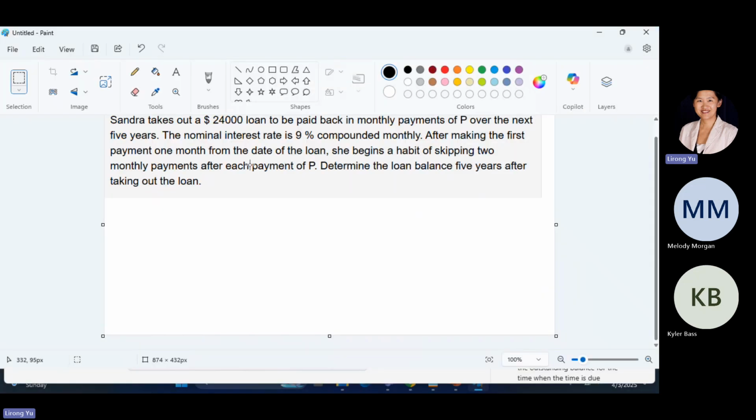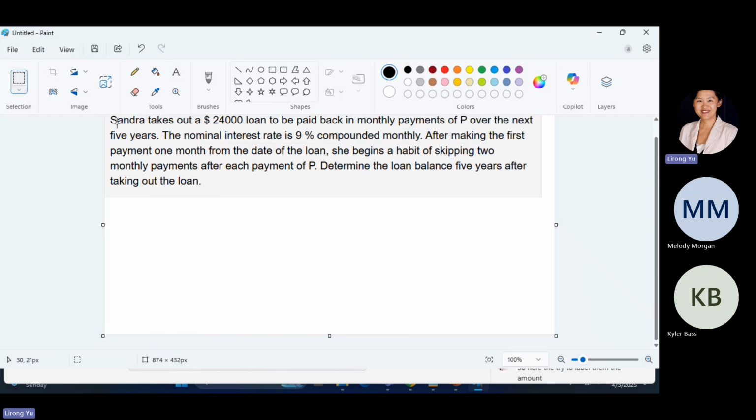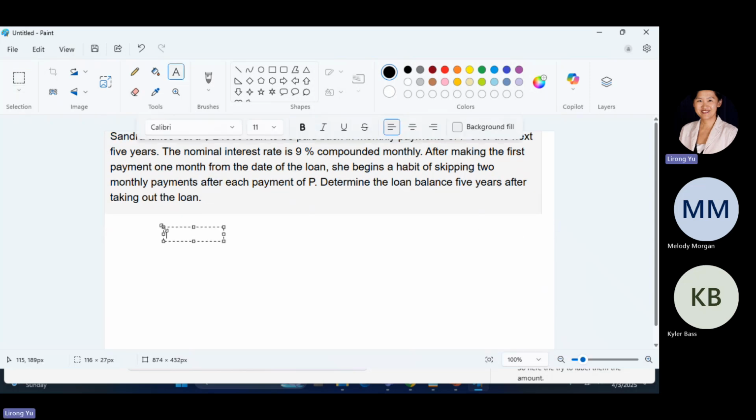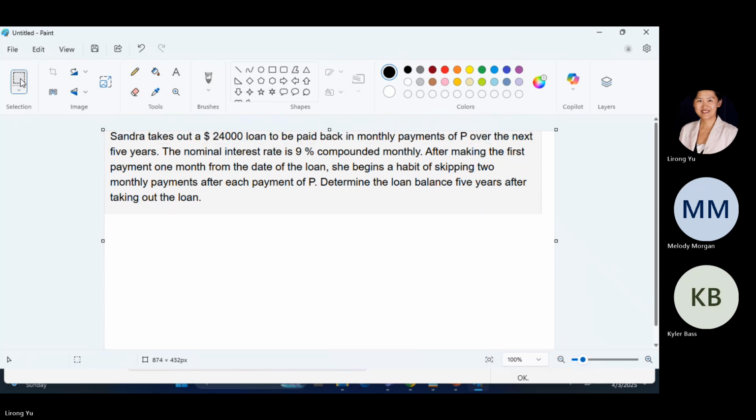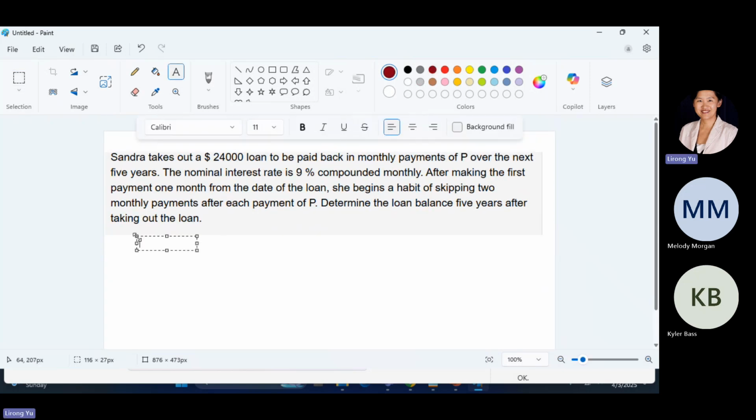Right, so here, let me try to label them. The loan amount is 24,000.